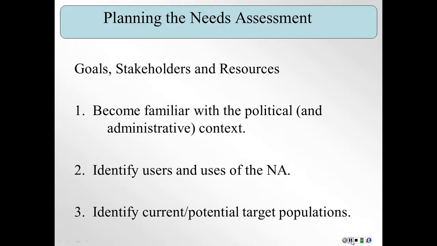When you have multiple stakeholders, you need to ask yourself, do they share a common set of goals for the needs assessment, or do they have conflicting goals? So right away you can see how identifying the users and uses of the needs assessment ties us back into the political and administrative context of the needs assessment. These are not separate questions. They need to be addressed together.